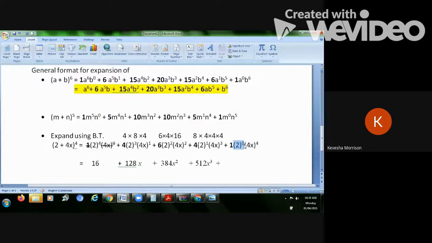Yes, sir. Right. So 2 raised to the 0th power is equal to what? 1. Right, so all of that is gone, and what is left is 1. So all you need to work out is 1 times 1, which is equal to what? 1.